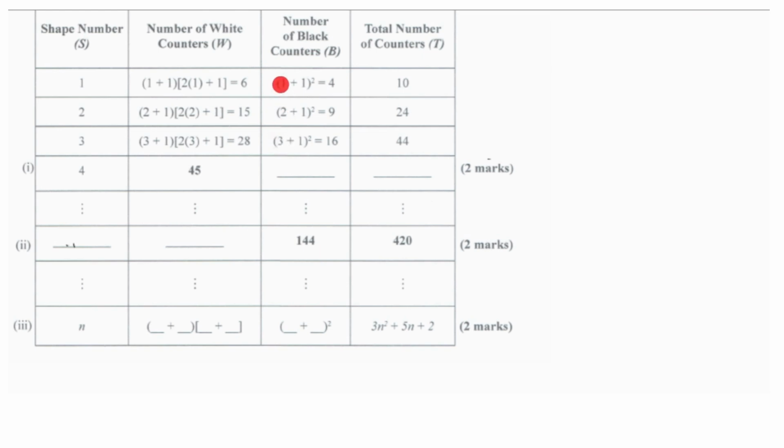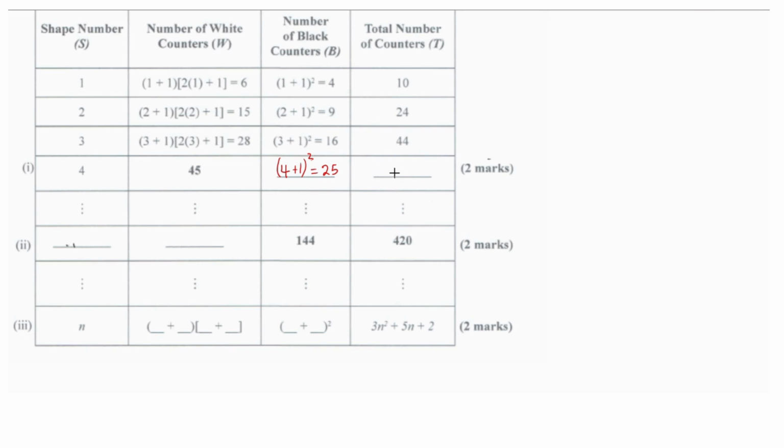So we can see this is n plus 1. So it means that to work out this, this is 1, 2, 3, so this should be 4 plus the constant 1, all squared. So 4 add 1, that's 5, all squared. So that's 25.